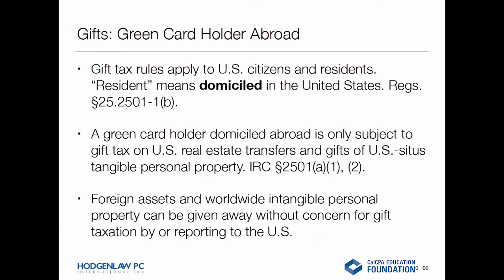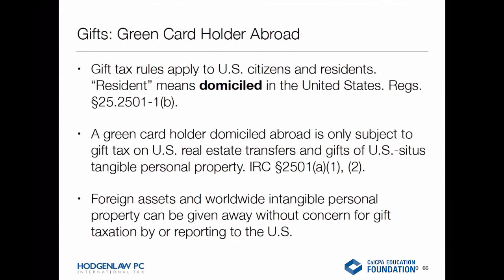Another situation we see a lot is green card holders who have moved overseas, they're living abroad, and they need to reduce their net worth before giving up their green card. So we have to look at the gift tax rules that apply to them. Gift tax rules apply to U.S. citizens and residents, and in the context of gift tax, resident means that you're domiciled in the U.S. And domicile is sort of a different concept from residency.